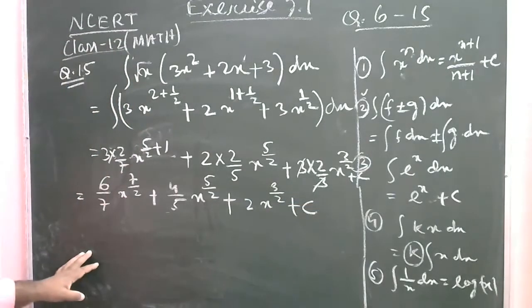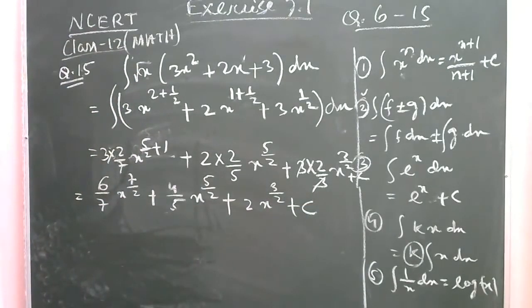Done. Any difficulties? 6 upon 7 x to the power 7 upon 2, 4 upon 5 x to the power 5 by 2, 2 x to the power 3 upon 2 plus c.